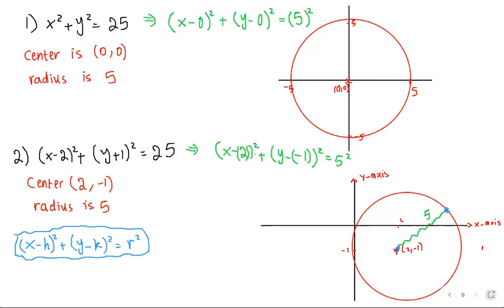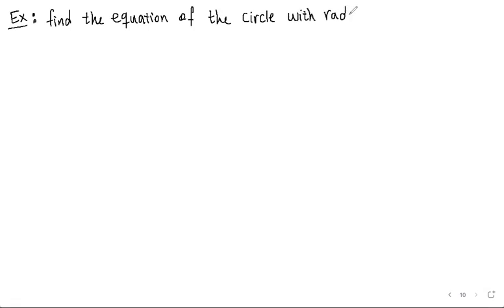Okay, let me give you another example if there are no questions. The question is, example: find the equation of the circle with radius 3 and center negative 2 comma negative 5.